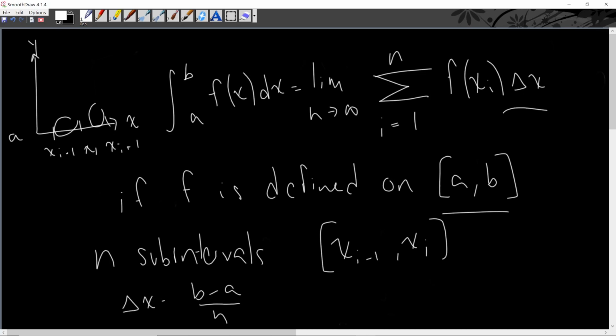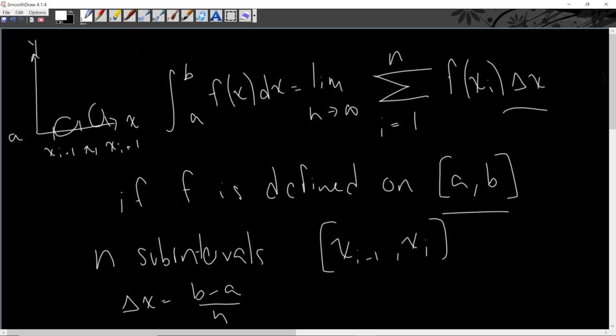And that makes sense. Like we did in our mean value theorem of definite integrals, b minus a is the length of our total interval, and we have n number of subintervals. So the amount of change in x, just in x, not in y, is just the length of the base divided by how many subintervals we actually want.